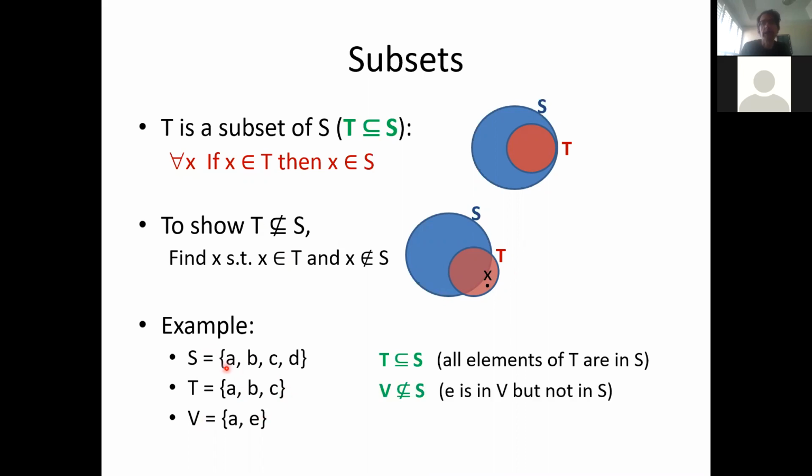But V is not a subset of S, right? Because E is some element that sticks out. And likewise, V is also not a subset of T. In fact, this statement follows from these two.